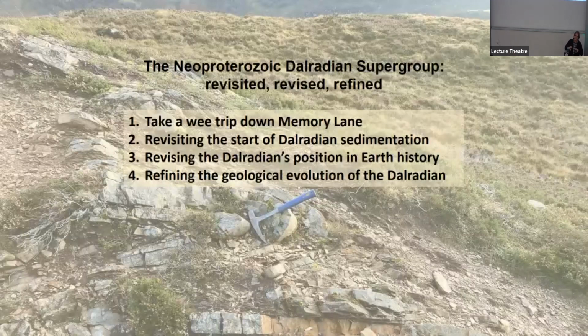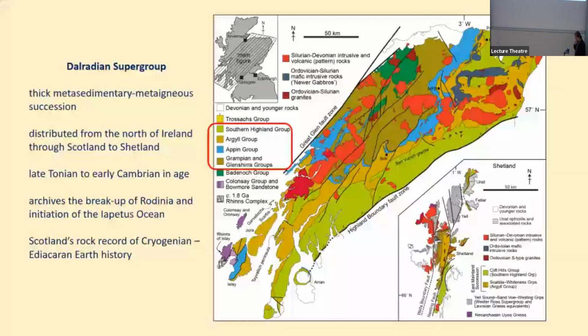That is, take a step off of the island that we live on and compare it to what we understand and know from areas around the world that have similar aged rocks, and then refine the geological evolution of the Dalradian with respect to what has been learned over the last 20 years since the last edition of the geological evolution of Scotland.